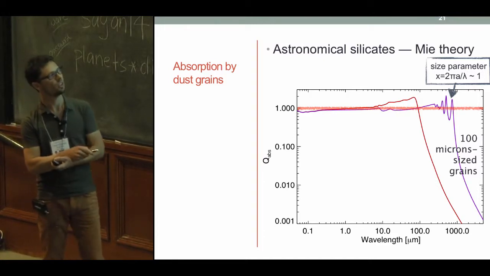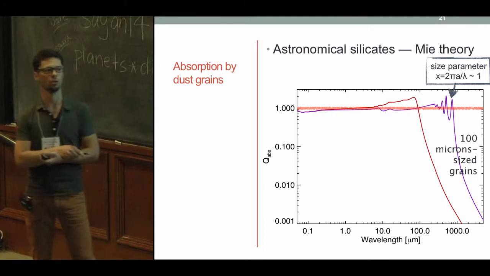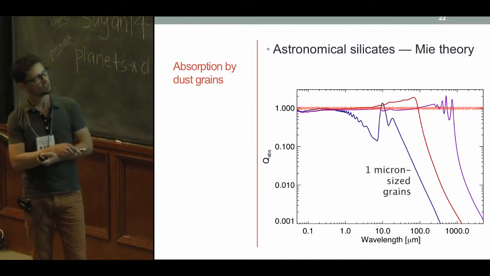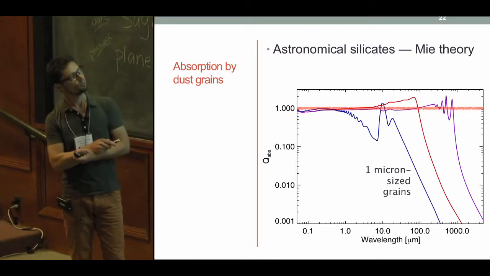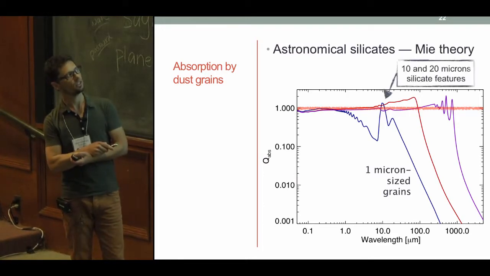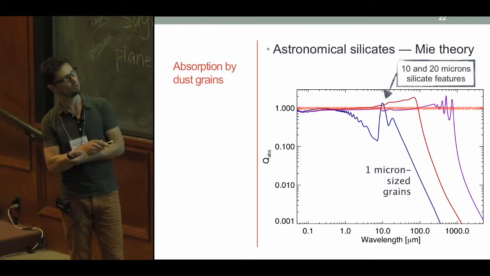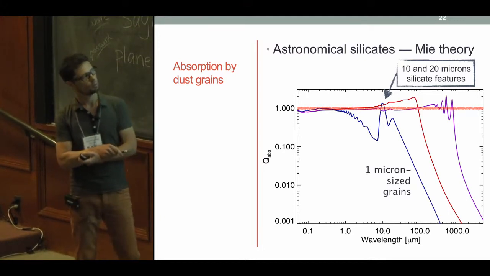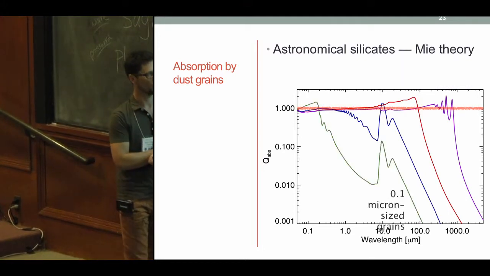So you do expect the temperature of these grains to be very close to the temperature of Blackbodies. If you go to smaller grains, 1 micron sized grains, you do see some features appearing here, because these are silicates, and silicates do have solid state features at 10 micron and 20 micron, so you see them appearing because the grains are small enough. And the same occurs for the 0.1 micron size grains.